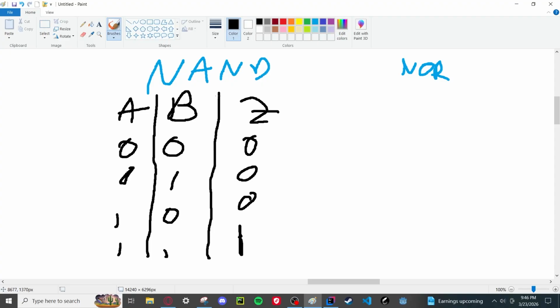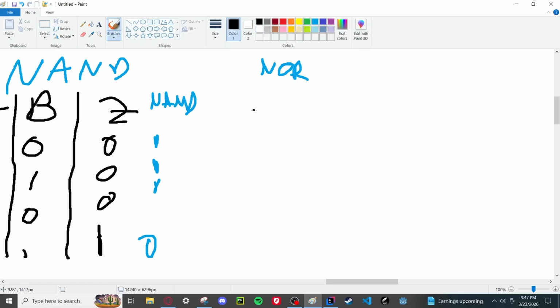That's a normal AND output. But this is not AND. So we're just going to not all this output. And our actual output is going to be 1, 1, 1, 0. So this is NAND. It's not AND. Take the outputs of AND and you not it.